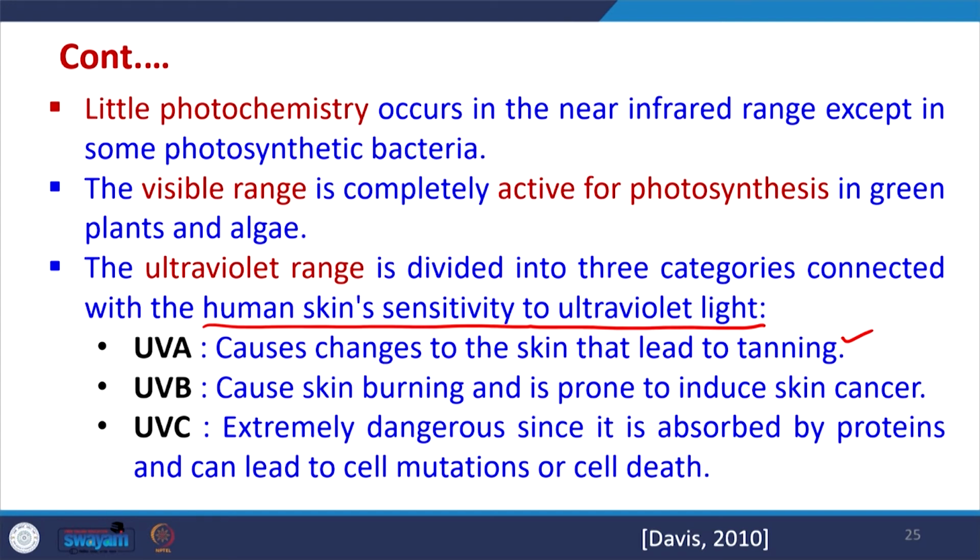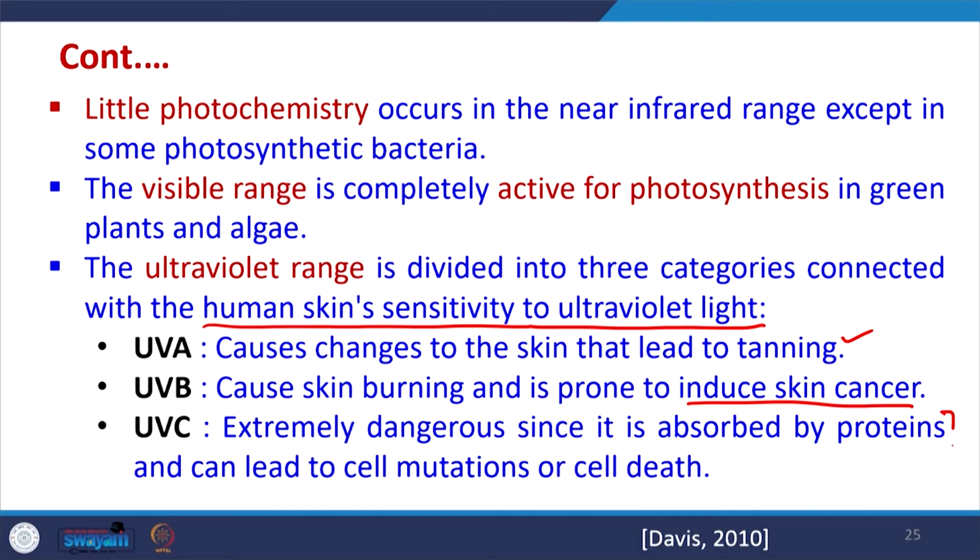Now, UVB causes skin burning and is prone to induce skin cancer. So, if we are exposed to UVB intensity, skin cancer may happen. UVC is extremely dangerous, because it is absorbed by the proteins and can lead to cell mutations or cell death, and very quick skin cancer and similar problems may happen.